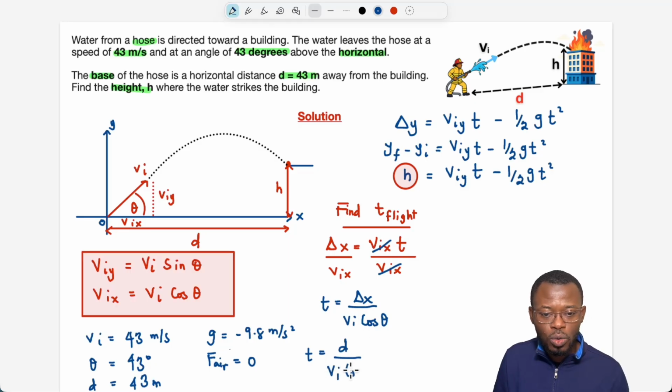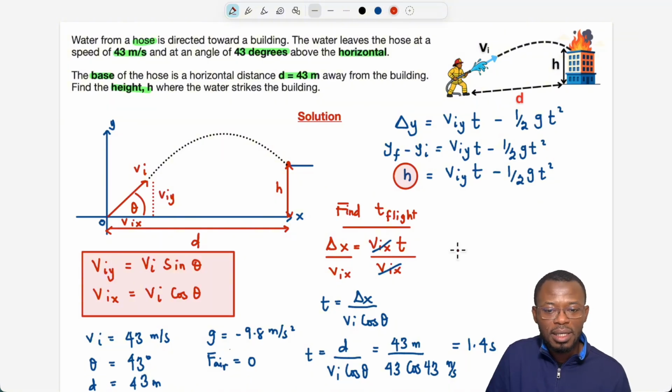That d is given to us as 43 meters, and then we divide by vi, which is 43 cosine of 43, in meters per second. If we divide that by that, we should have 1.4 seconds.